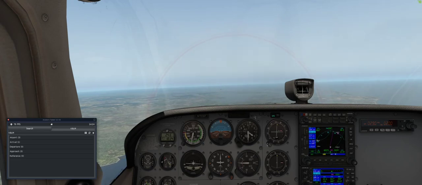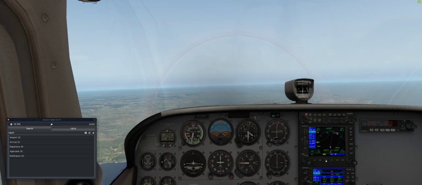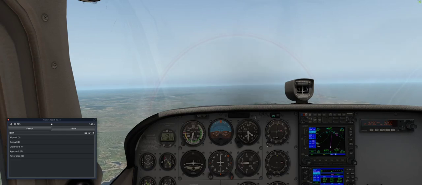We're flying, what was it, a 58-degree radial to that nav aid. So it's probably changed now. Oh, no. It probably is 52. That's why it's good practice to move this.